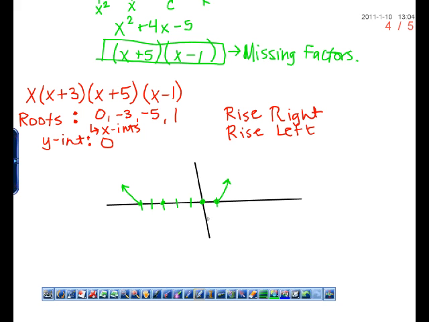All right, and then we just got to kind of make up the stuff in the middle. This was a quartic, so we could have 3 turns. Now, is this exactly what it would look like? No, but it's closer than whatever we would have drawn before today.